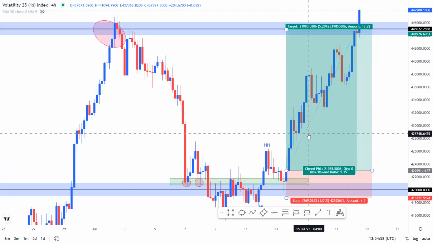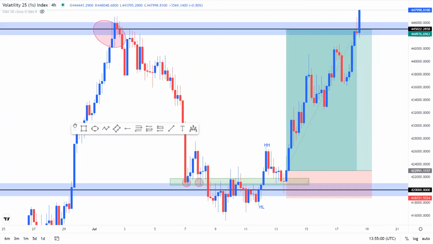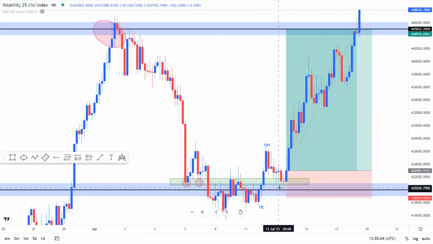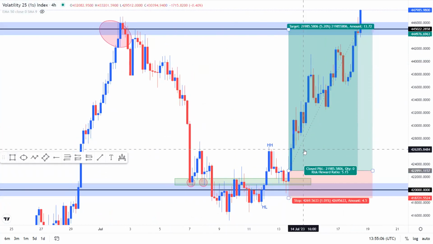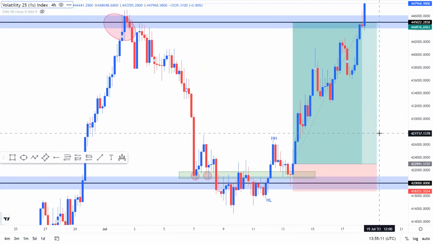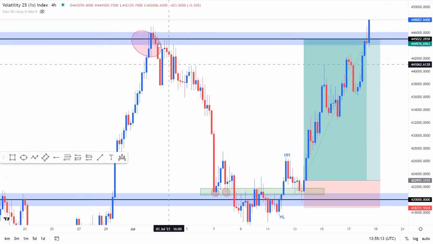And you can see how every one of the confluences played out so perfectly well, giving me a very high probability buy trade setup right here for a nice 1 to 5 risk to reward.